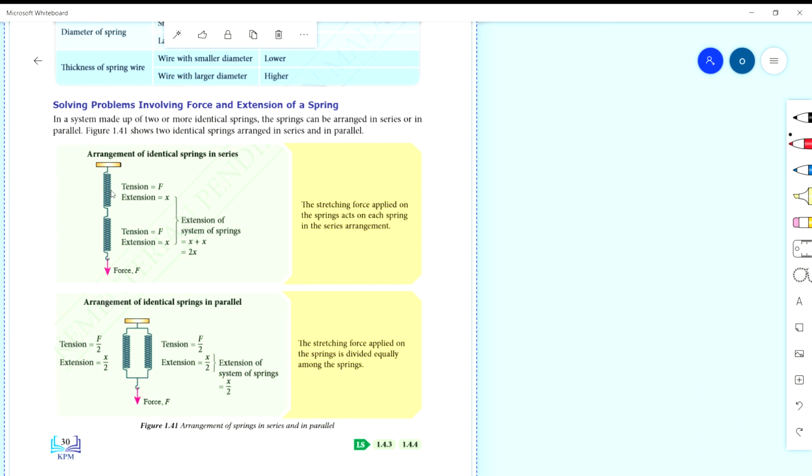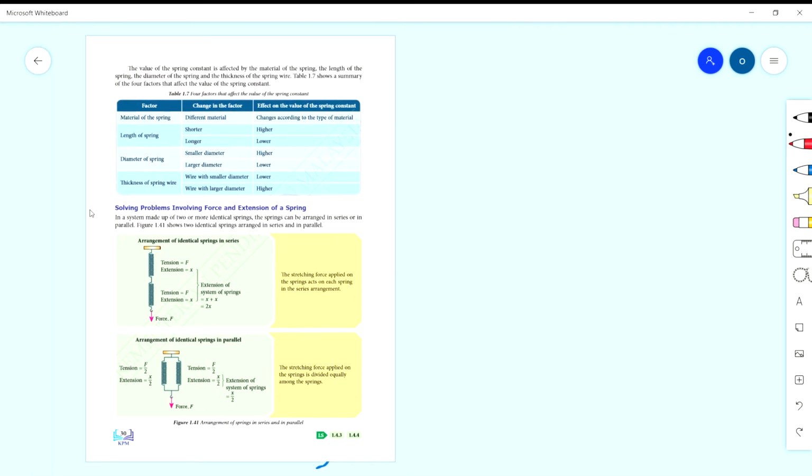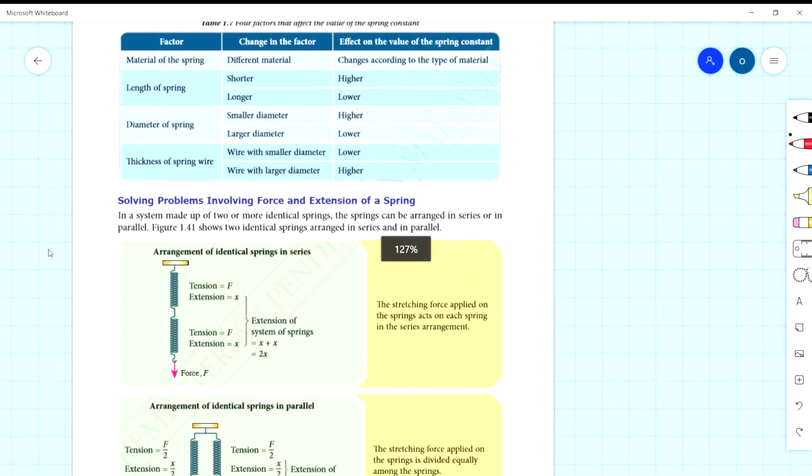So, series connection ni maksud dia, katalah ni kita kepala dia, ni ekor dia, for the first spring. Okay, yang ni kepala and ekor for the second spring. So, for series connection, this part, and then this is the head there. So, head meet the tail. This is the tail. Okay, so head meet the tail.